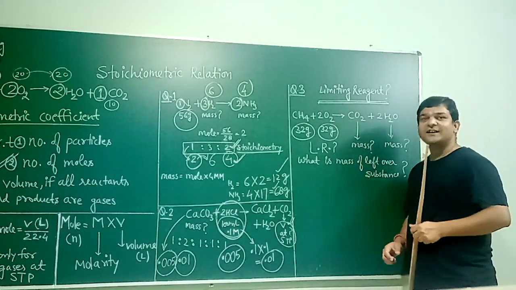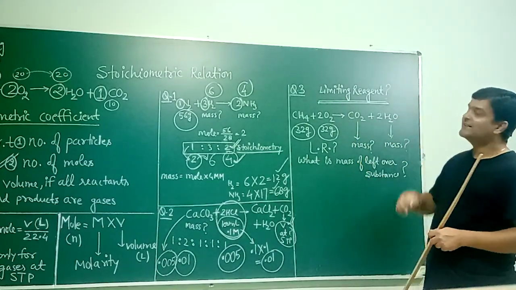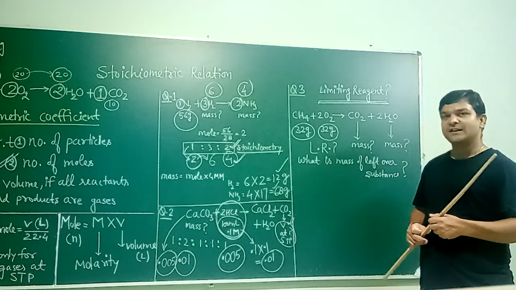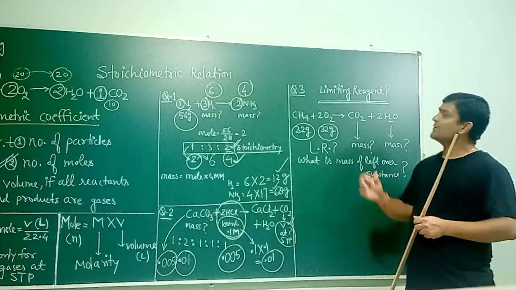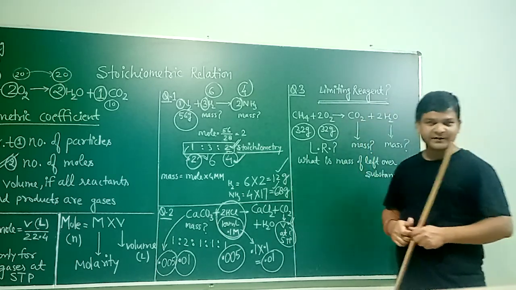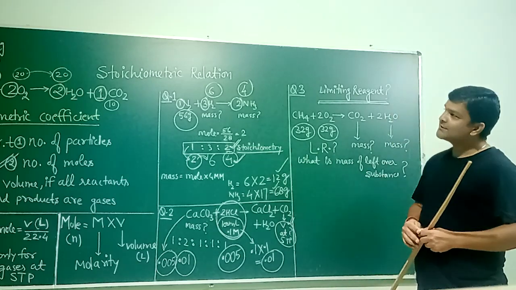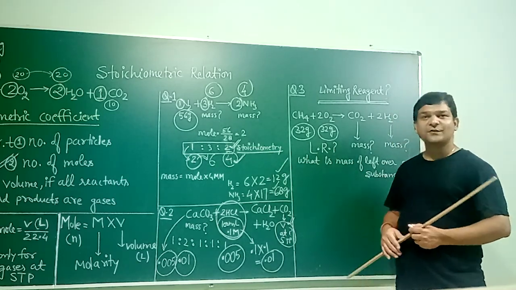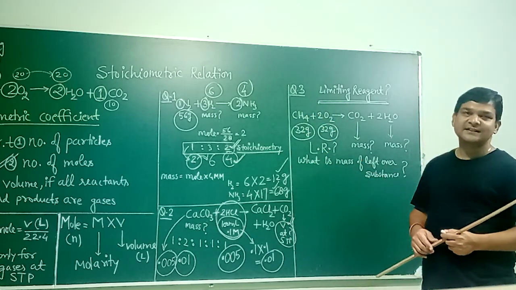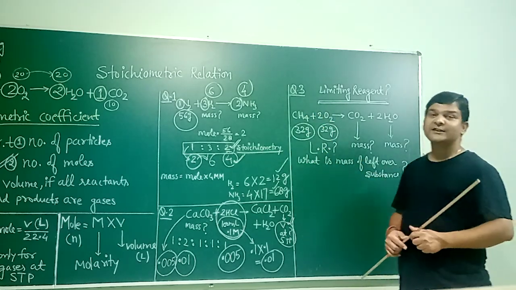The last question is related to limiting reagent. Once again, a very important question, limiting reagent. Now this question is also related to stoichiometric relationship. The question is also related to the ratio of number of moles. Almost same question as we discussed earlier, with one change.